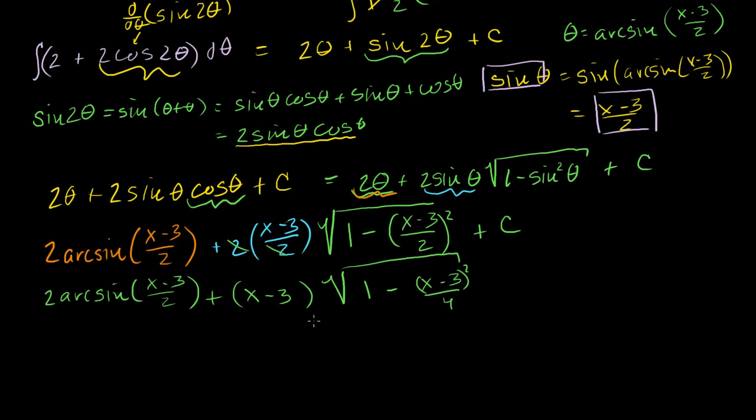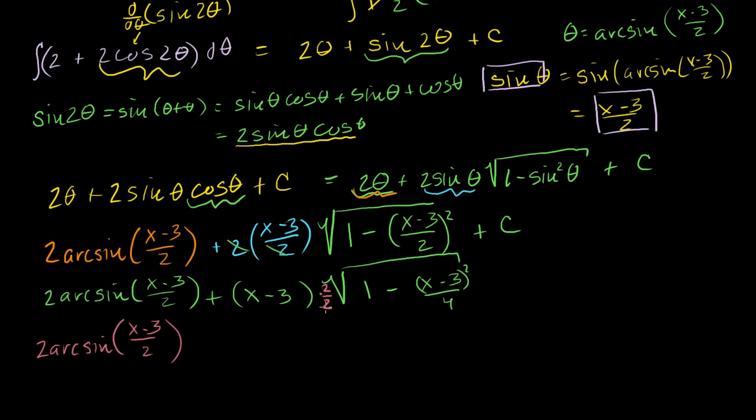If we multiply, let me just focus on this term right here. Let's multiply and divide this by 2. So let's just multiply this times 2 over 2. And you might say, Sal, why are you doing that? Because I can rewrite this. Let me write my whole thing here. So I have 2 arcsine of (x - 3)/2.